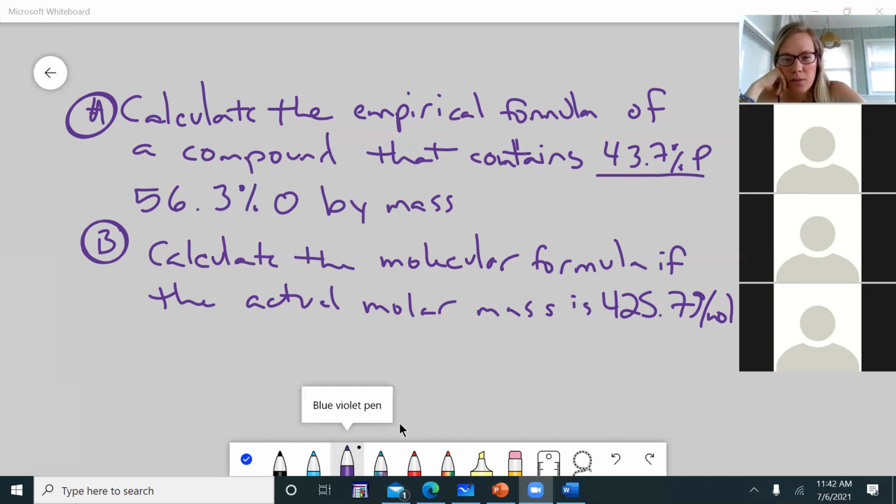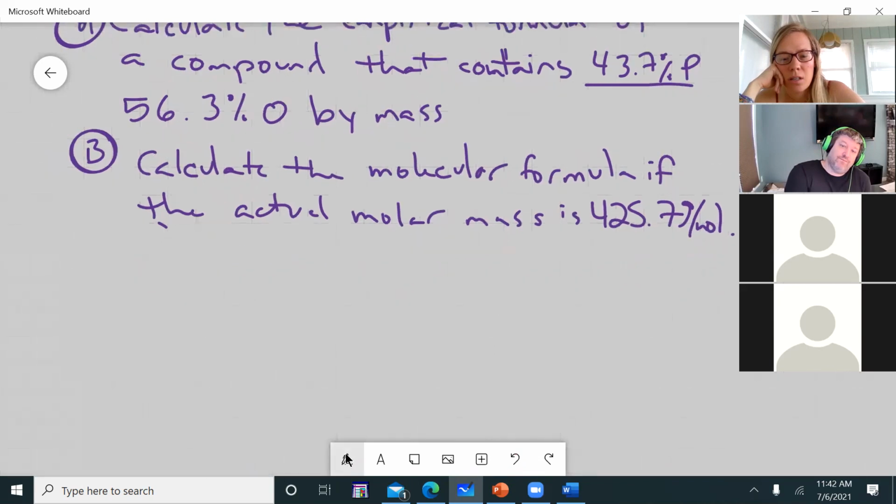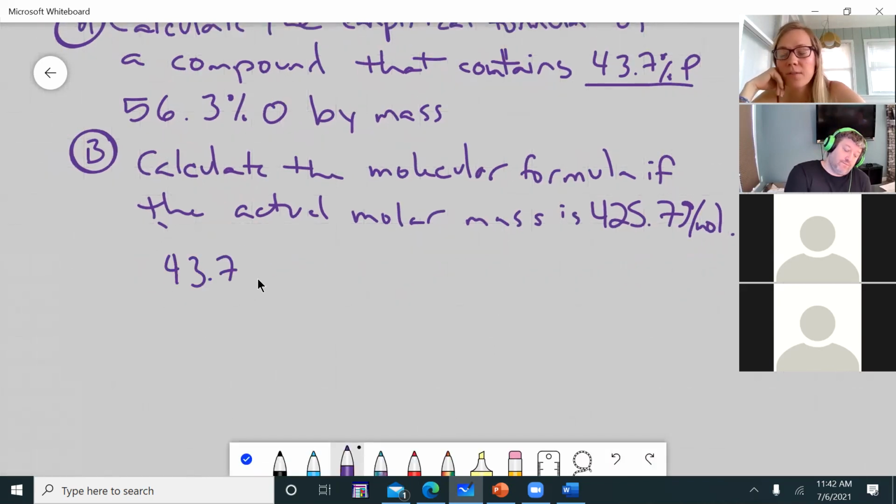All right, so let's get through this last problem here. Calculate the empirical formula of a compound that contains 43.7% phosphorus and 56.3% oxygen. Let's just go with grams, because we know we can go from percentage to grams. So 43.7 grams of phosphorus, and then we've got 56.3 grams of oxygen.